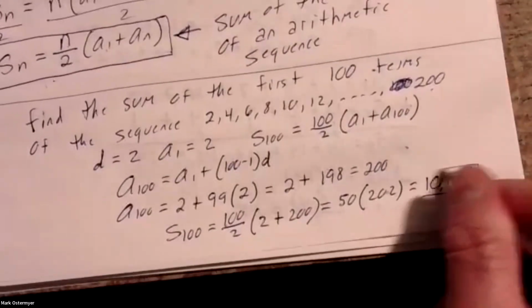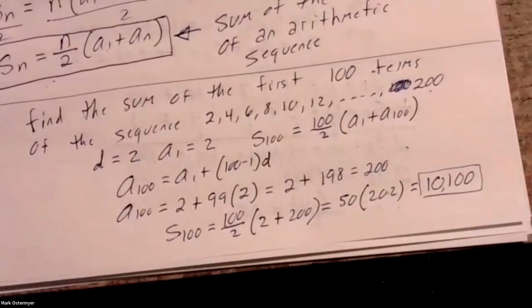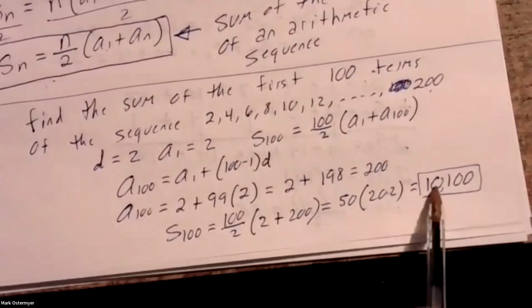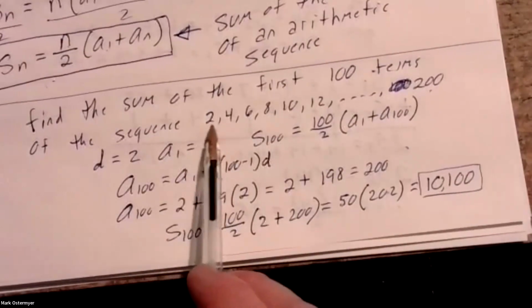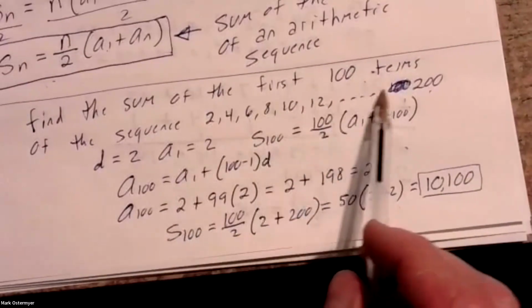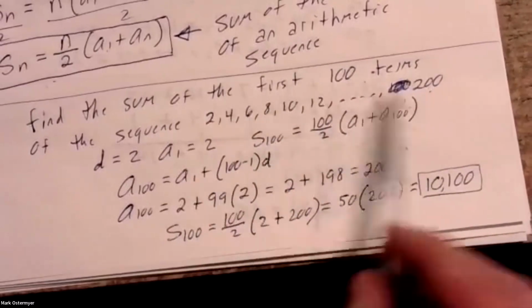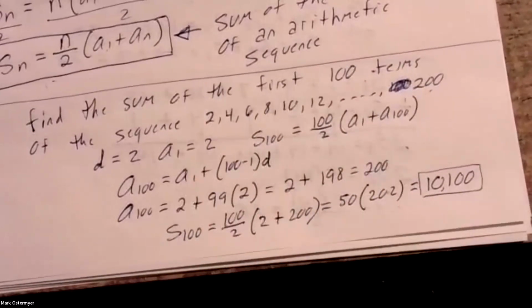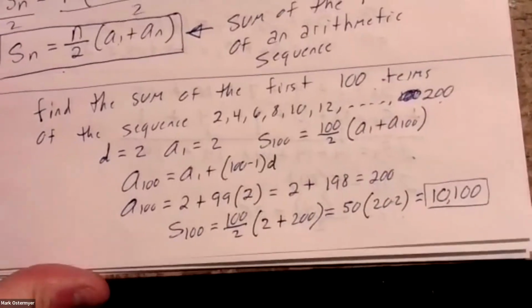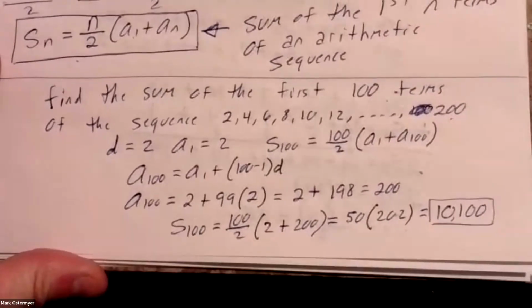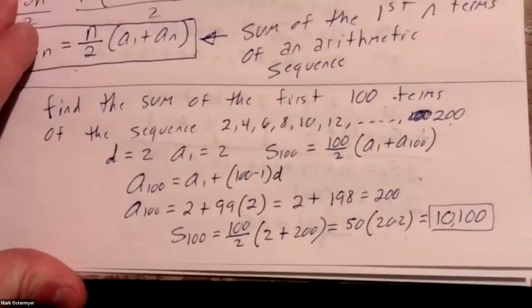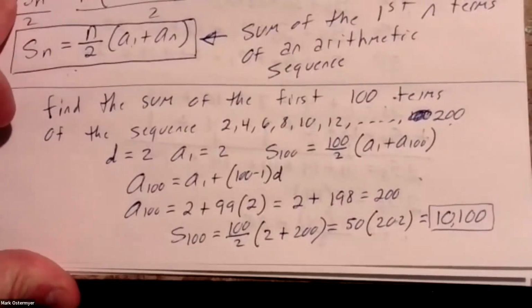There you go. So that's the sum of the first 100 terms of that arithmetic sequence. If you were to add all these up all the way up to 200, you get 10,100. So do we see how we use that sum formula to take care of a problem? A very typical problem that you'll run into on ALEKS.